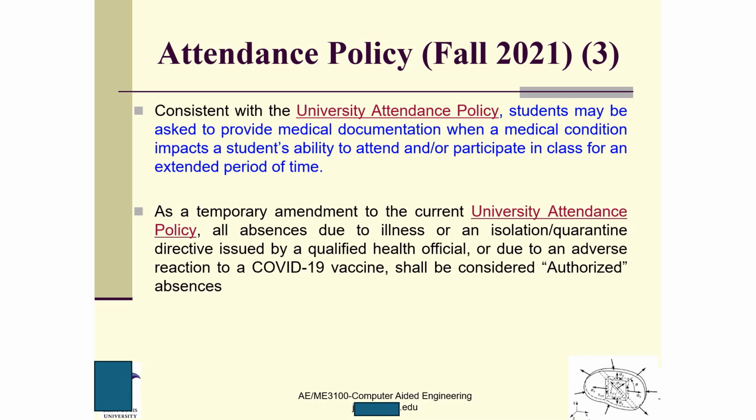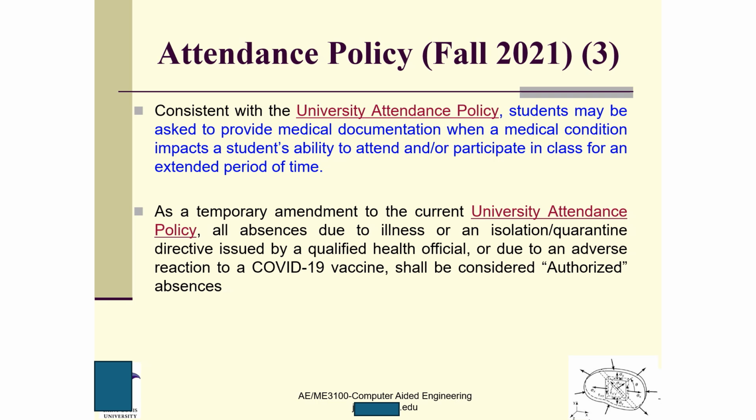Consistent with the university attendance policy, students may be asked to provide medical documentation when a medical condition impacts a student's ability to attend and/or participate in class for an extended period of time.